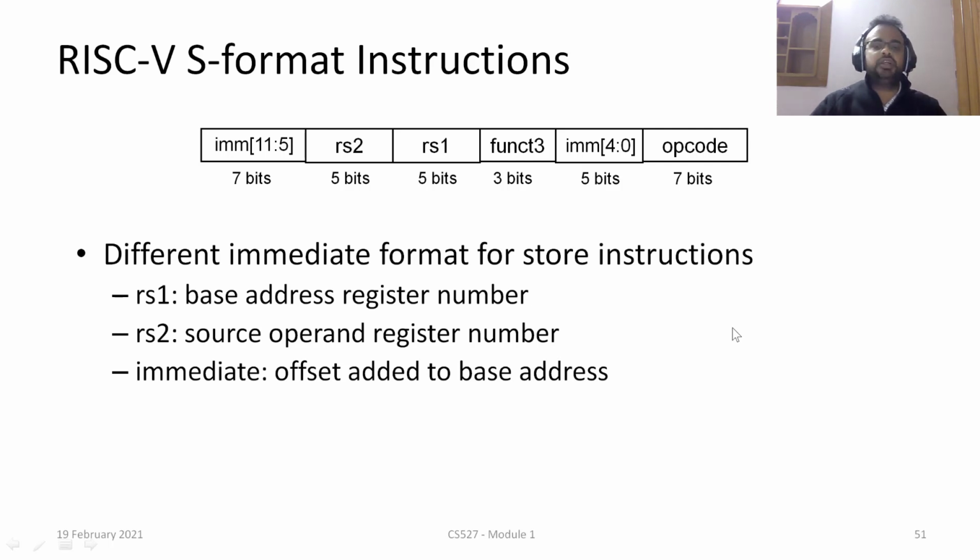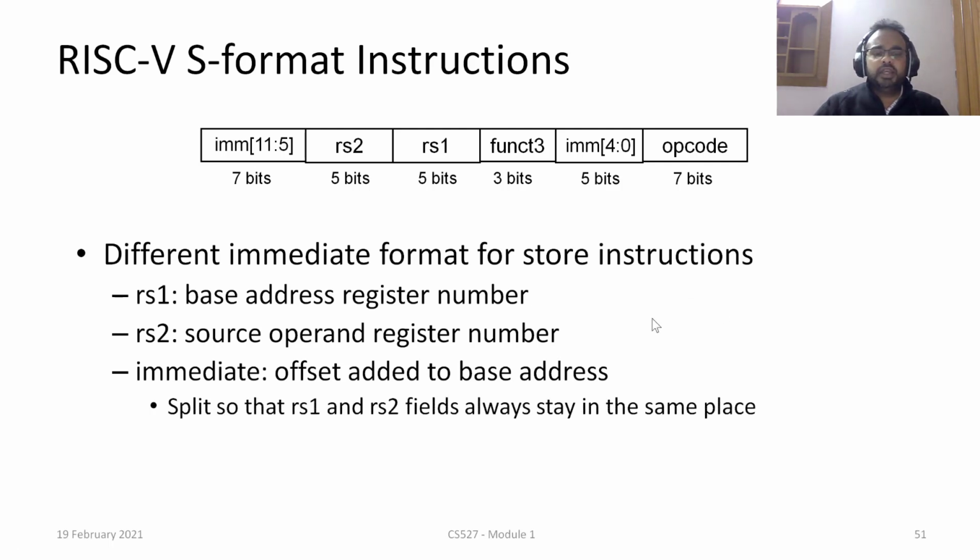Now if a question arises why we are splitting the immediate like this instead of placing the immediate field as 12 bits of continuous bits in a single location, it's basically to preserve the positions of RS1 and RS2.